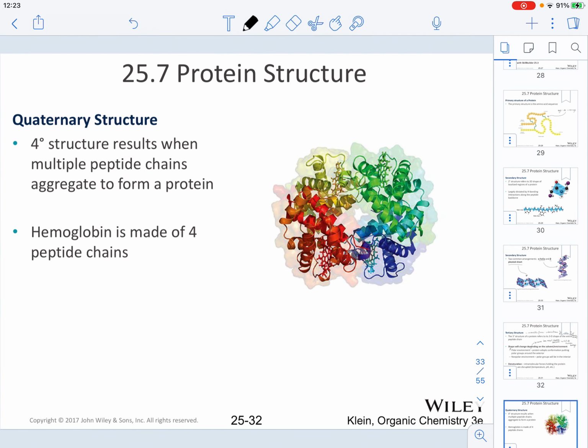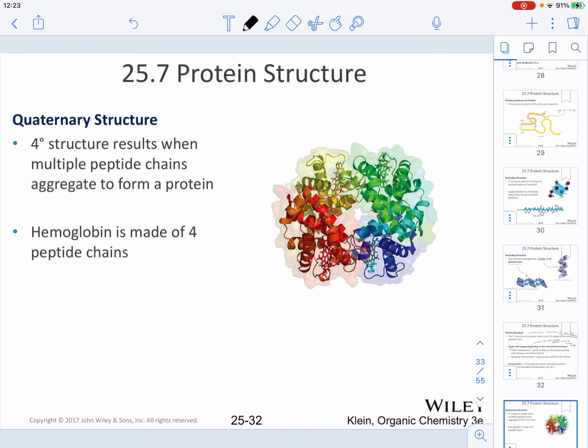The last protein structural level is the quaternary structure. Understand that the quaternary structure is not present in all proteins. The primary, secondary, and tertiary structures are present in all proteins. The reason is that the quaternary structure is specifically found in proteins that have different subunits that have to come together to make the final structure.